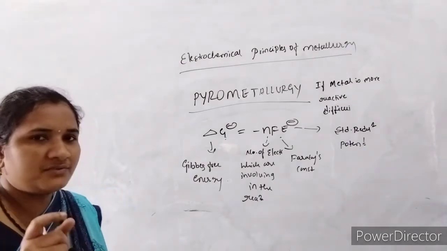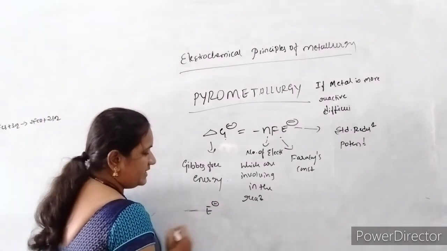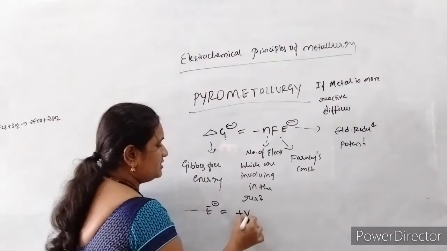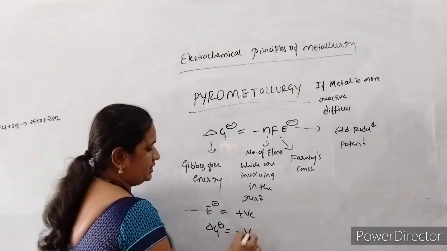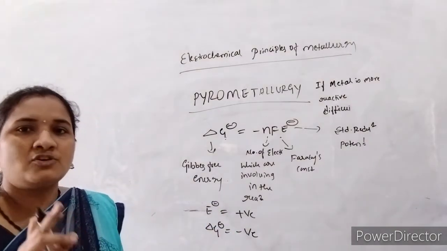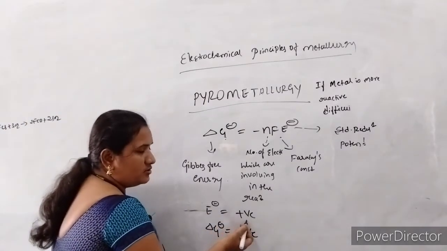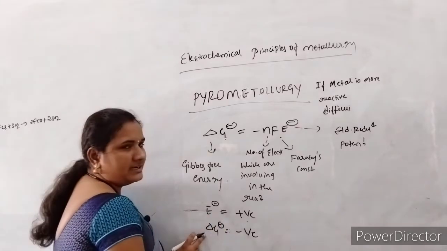If the value of standard potential is positive, then the value of delta G naught will become negative. If we take the difference between the electrode potentials of the reaction and it is positive, then we get a negative value of delta G.